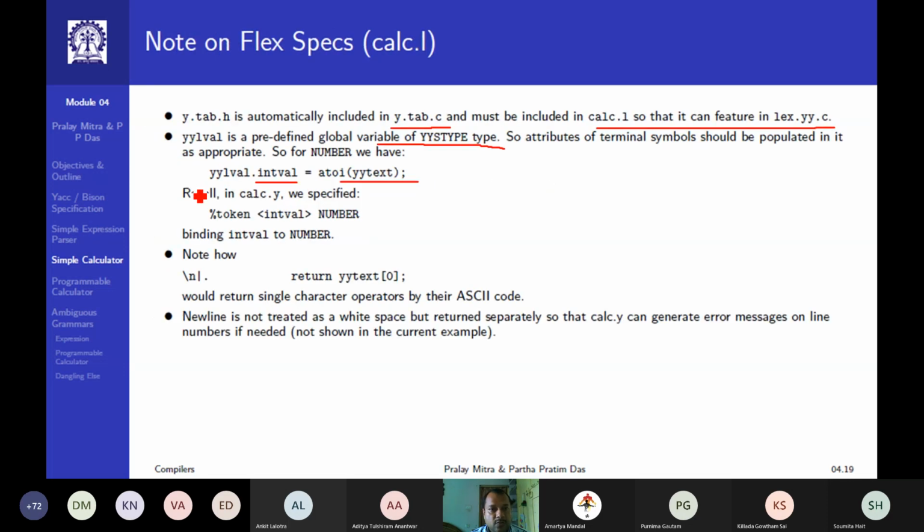Going to the next slide, when I'm reading, I'm considering everything as text. When it is converted using atoi, alphanumeric to integer, that content is stored here. Now recall in cal.y we specified %union with ival as a number. Now ival is bound to that number.